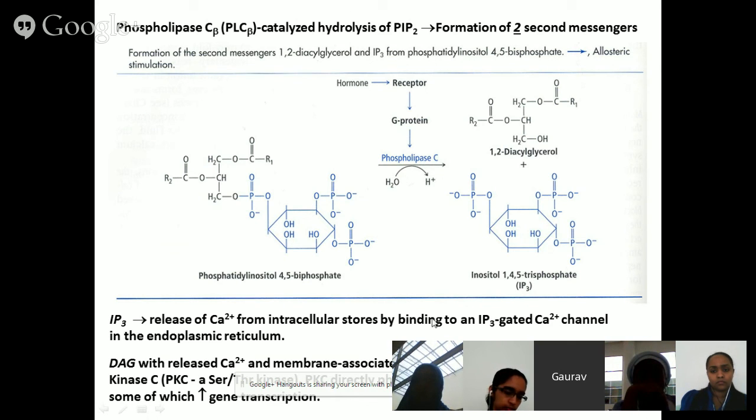IP3 molecules help to release calcium ions from the stored condition inside the endoplasmic reticulum. And this DAG molecule, along with the calcium ions, will activate protein kinase enzymes and produce different types of cellular responses.